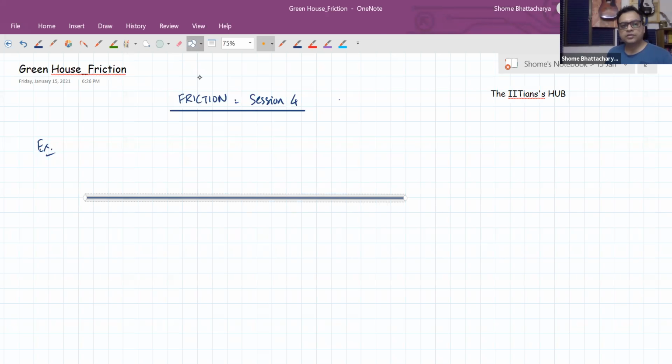So we have a situation like this, that on a rough surface, which has a coefficient of friction as 0.75, or that's the same thing as 3/4, we placed a block of mass m, which is at rest initially.